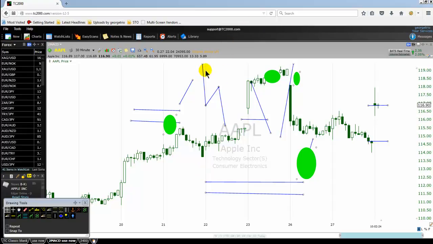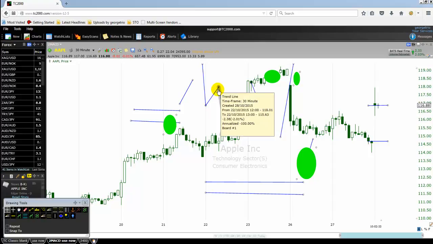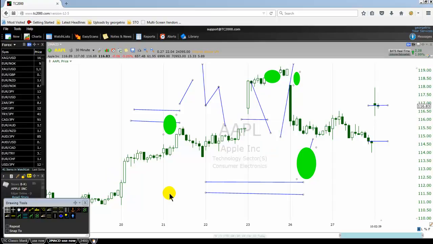So that's why I said to you, if you have a pattern with points 1, 2, 3, and ask where the opening gap is likely to take place: somewhere at the beginning here, the continuation gap somewhere in the middle here, and the exhaustion gap somewhere at the end. There are many types of patterns in the market: the 13 specific Elliott wave patterns, the Fibonacci pattern, the normal chart patterns.